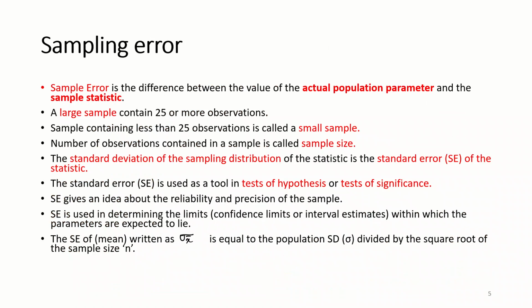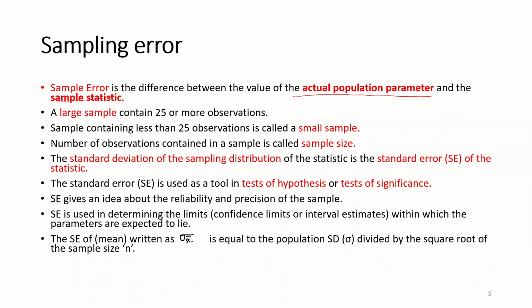Then we come to sampling error. We understood what samples and population are and the application of sampling. Then a sampling error is the difference between the actual population parameter and the sample statistic.